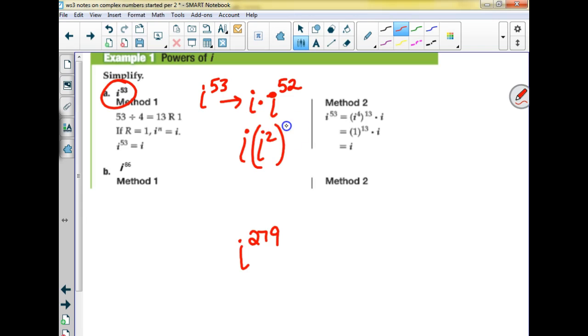How many I squareds would I have? Okay. So I squared is really -1, yes, to the 26th power, which is +1, times that I we poked out just makes this one I.